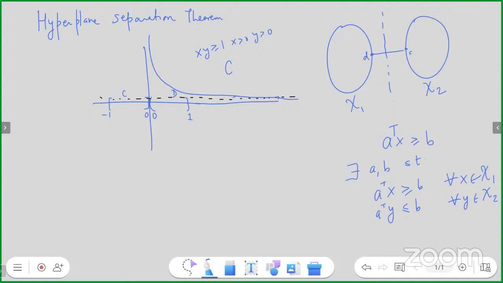So we said the claim is that everything on this side has A transpose X greater than or equal to B. Everything on this side is less than or equal to B. And the contrapositive is that suppose there is a point on this side for which it is less than B. What will go wrong?